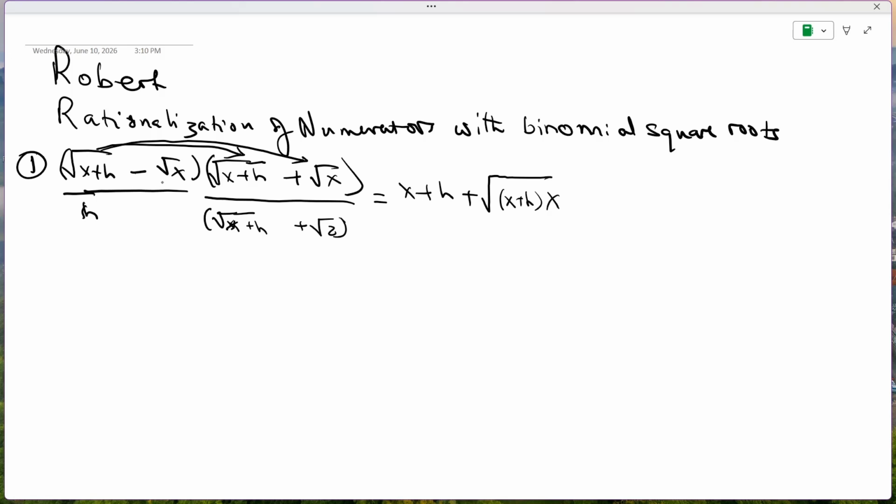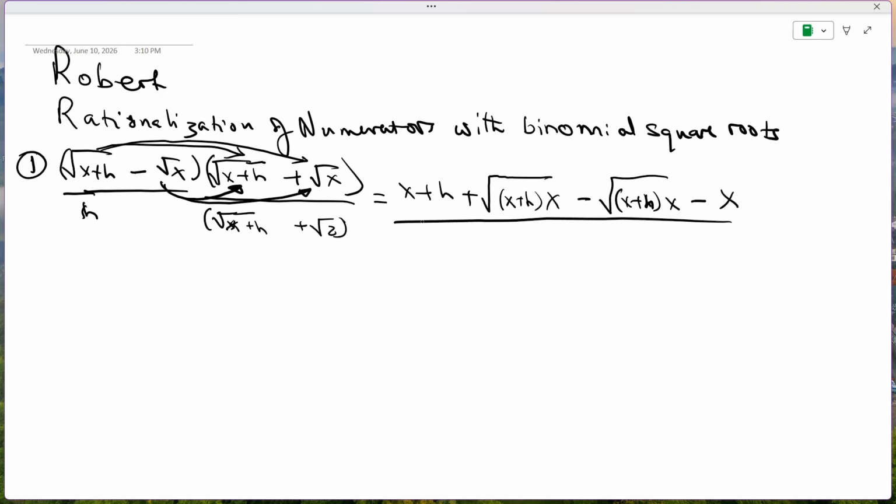And then we multiply the second term, minus root x, by root x plus h. So this one will be minus root x plus h, x. And then finally, we multiply minus root x by root x. And this one will give us minus x.